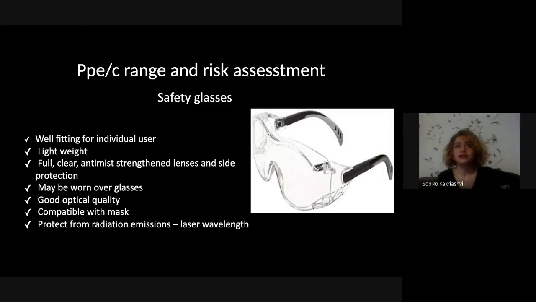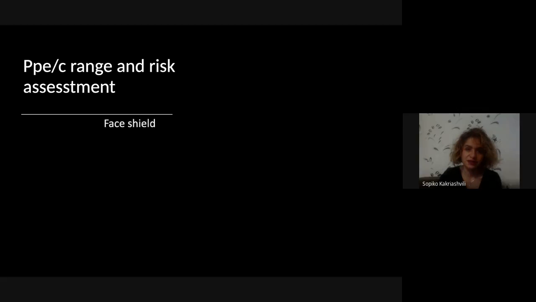So there are special eyeglasses which are designed to fit with face masks and protect from radiation emission and laser wavelengths. Not all glasses can do this, but we have special glasses for when we are working with lasers, in order to protect our eyes from the laser light.